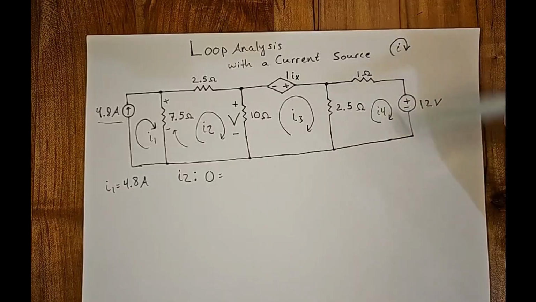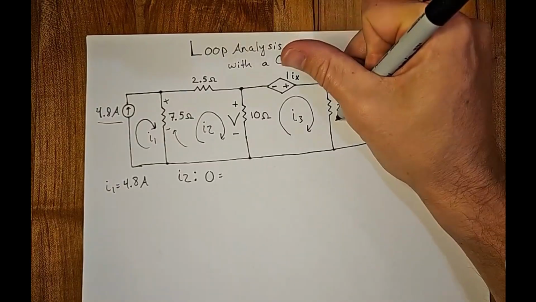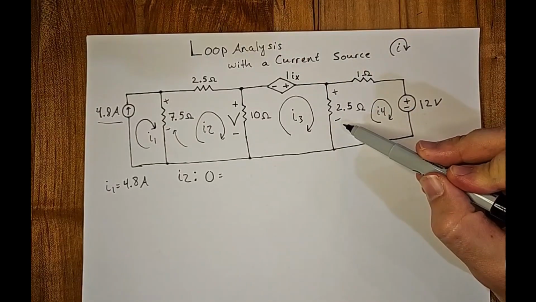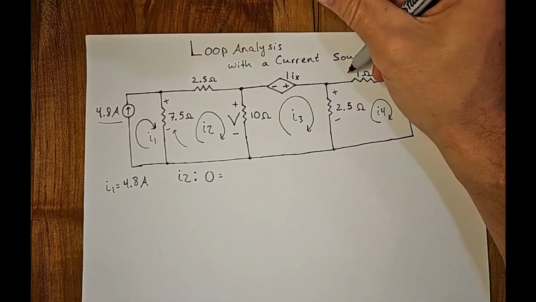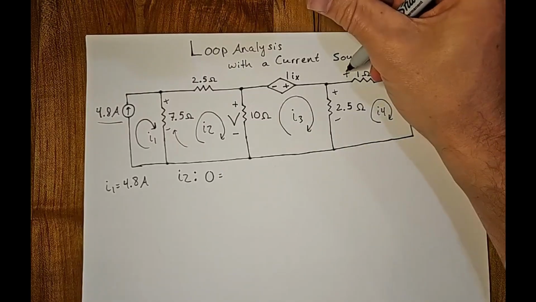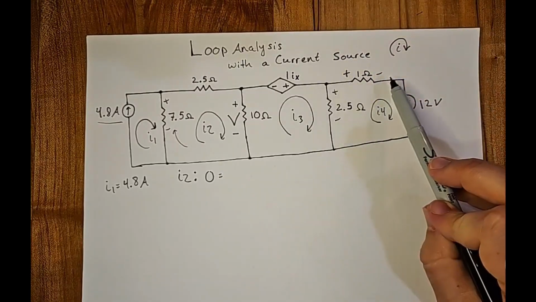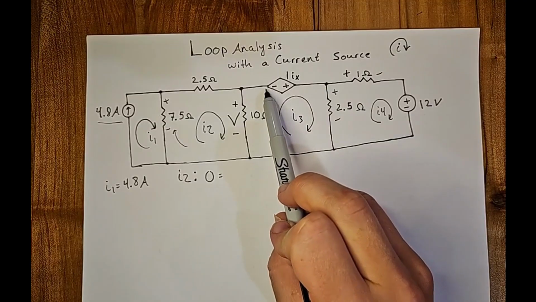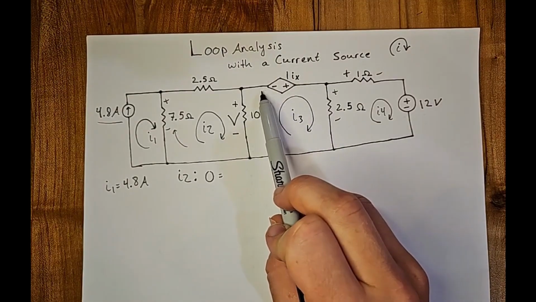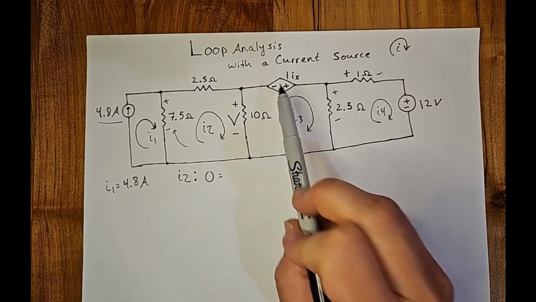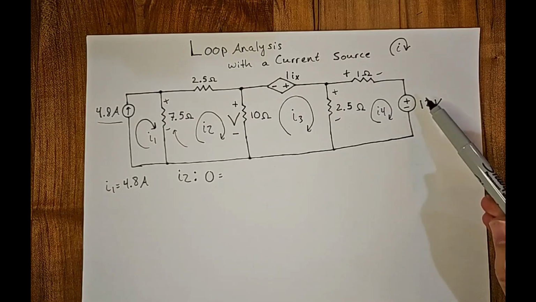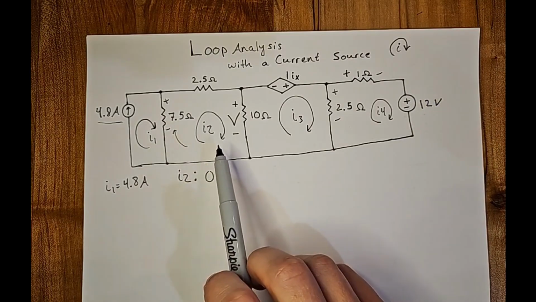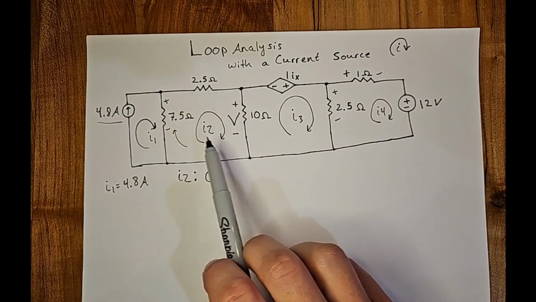So over here, we'll do positive on top, negative on bottom for this 2.5 ohm, and plus minus here. We also have a dependent voltage here with given polarity and a voltage source over here with given polarity. All right, but let's focus back on our second mesh here.